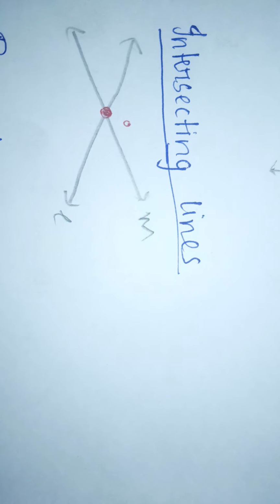So the point where the lines L and M intersect is point O.